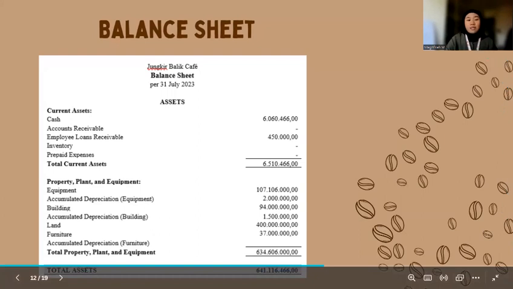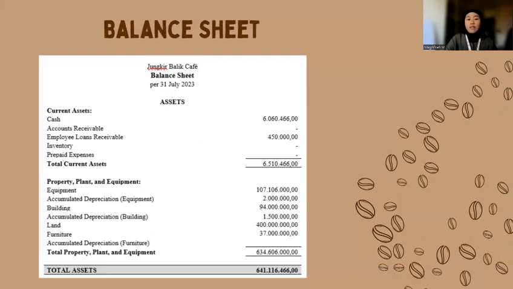Each of these outputs provides a separate perspective of a company's financial position and performance. So the first is balance sheet. This is a snapshot of a company's financial position at a specific point in time. It provides a detailed view of a company's assets.